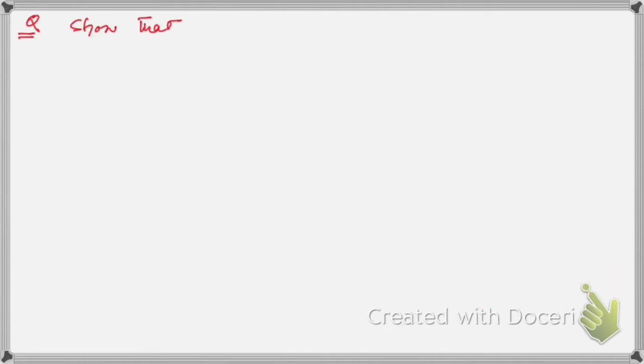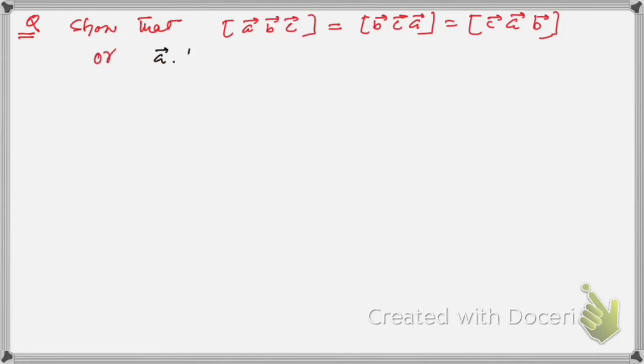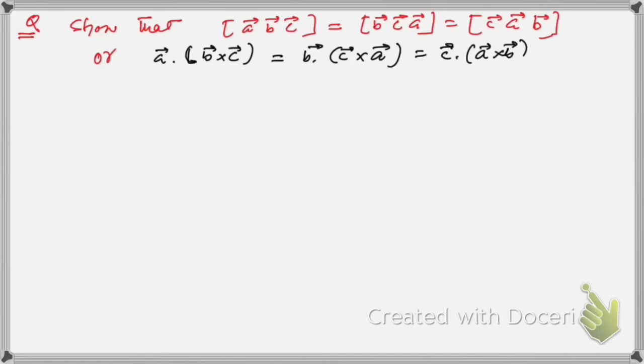So the scalar triple product of a, b, c is equal to that of b, c, a and that of c, a, b. That means a dot b cross c is equal to b dot c cross a, which is equal to c dot a cross b. Let me prove this.